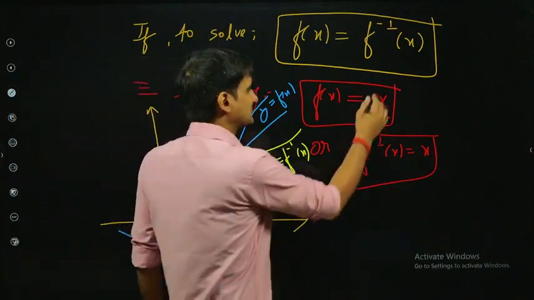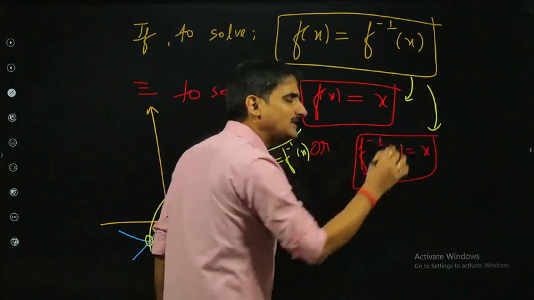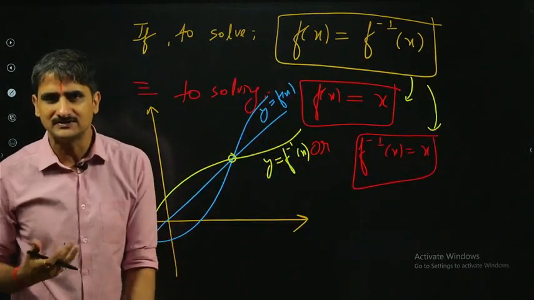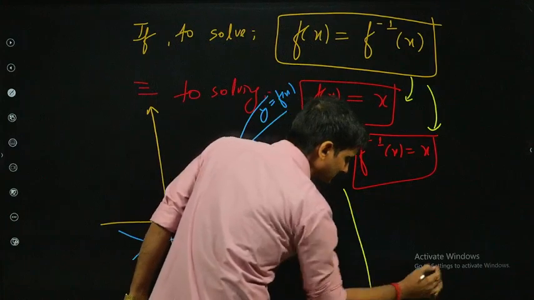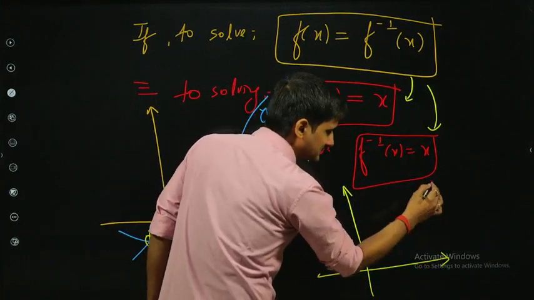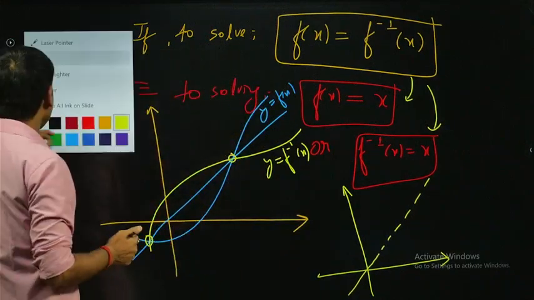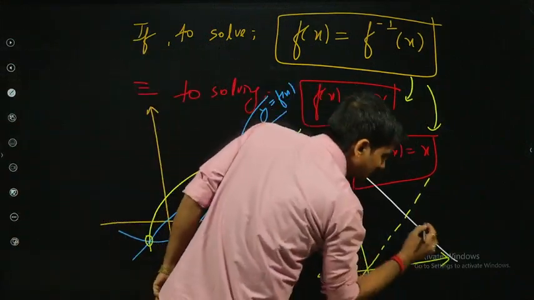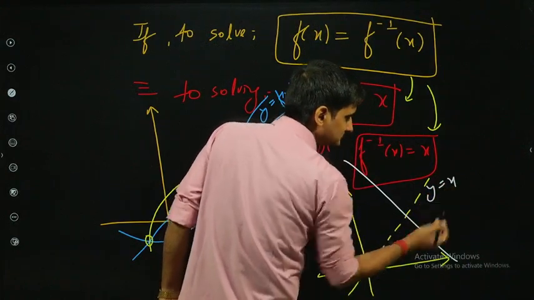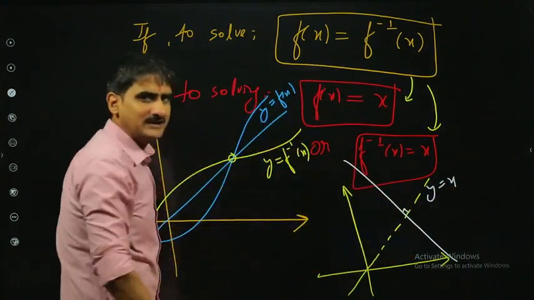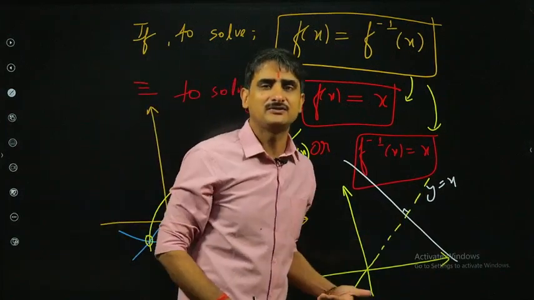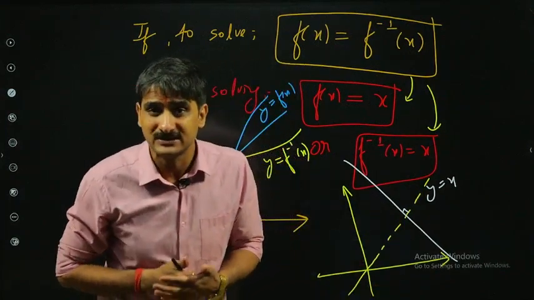That's why I said solving this is equivalent to this or this, unless there is an identity type of statement. We have an exception also. We can have many such exceptions, but a simple one is if you consider a line which is perpendicular to the mirror. When you take its mirror image, it's going to be the same. So f(x) equals f inverse x, the function itself is self-inverse.